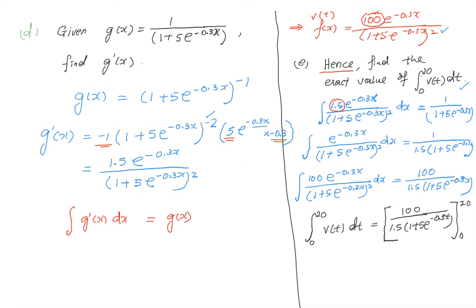So now you sub with 20, 100 divided by 1.5, 1 plus 5e, negative 0.3 times 20, what do you get? Negative 6, correct? Yeah. Close.